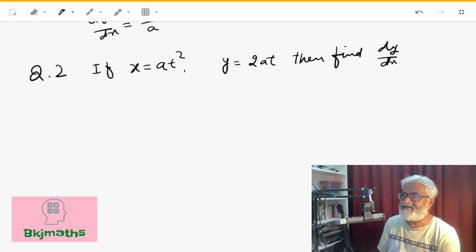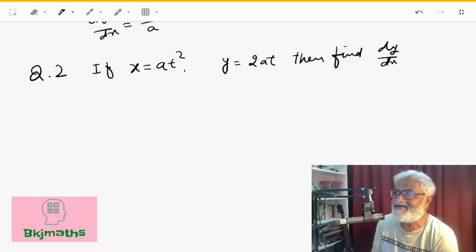Very clear, t is the parameter. There is no direct relation between x and y. y is dependent and x is independent, but they are related to a third intermediate variable t. So t is the parameter. So first find dx by dt.